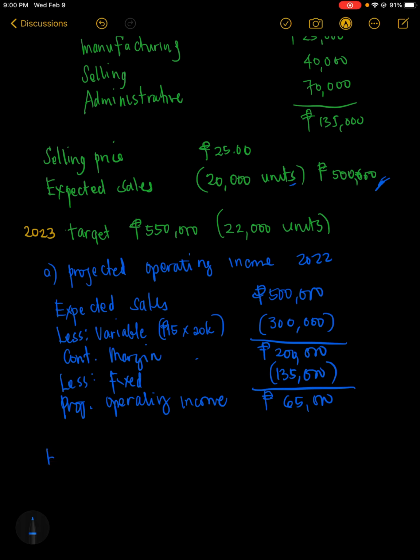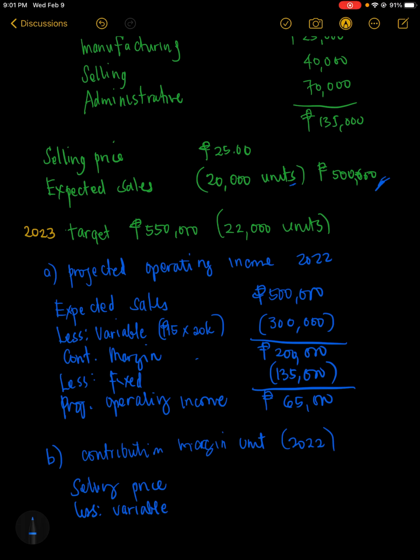How about if the question is the contribution margin per unit for the year 2022 also? So, contribution margin per unit, paano natin makukuha yun? So, syempre, kuhain lang natin yung ating selling price. Ibawas lang natin dyan yung ating variable cost.